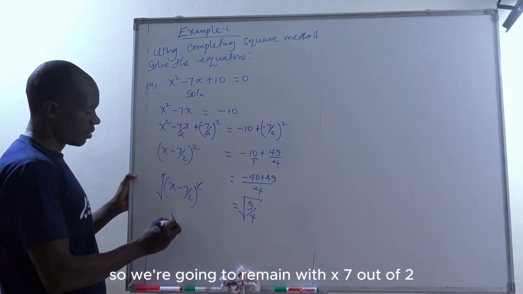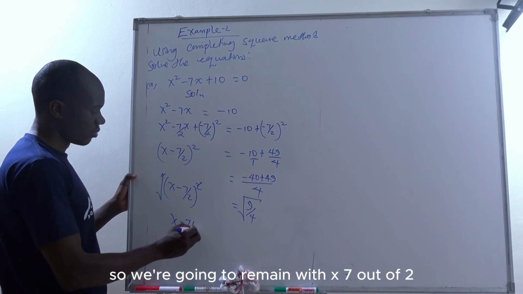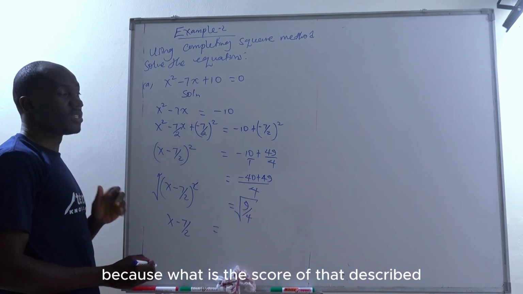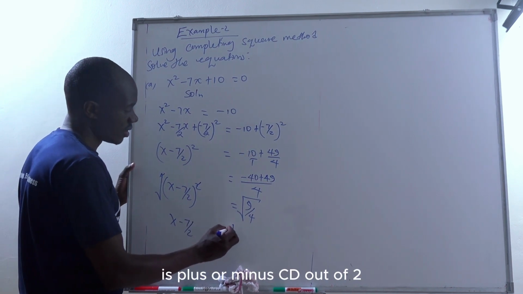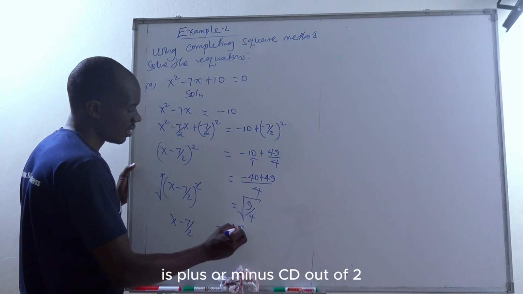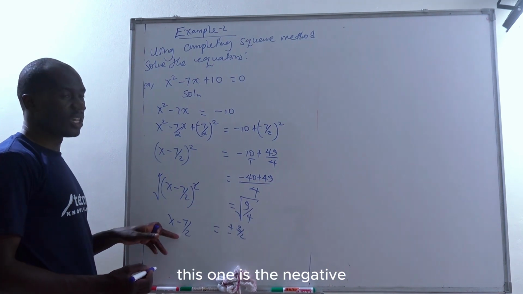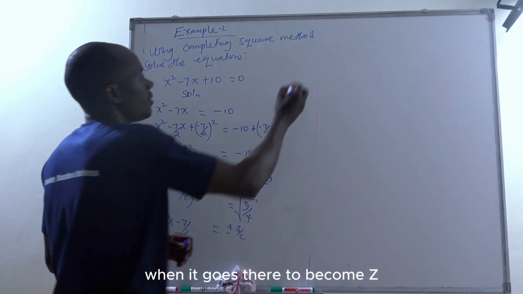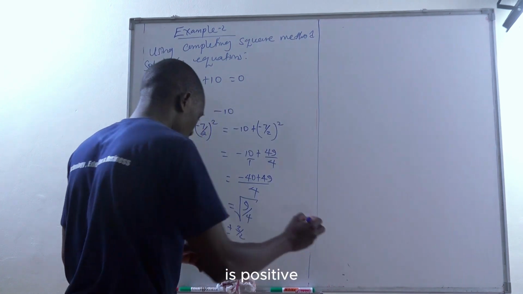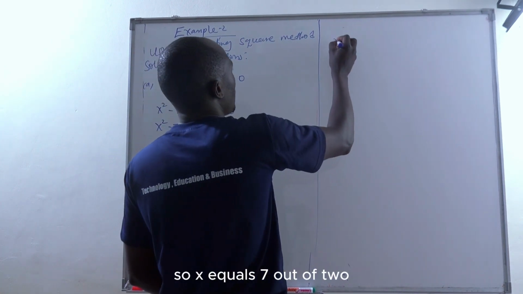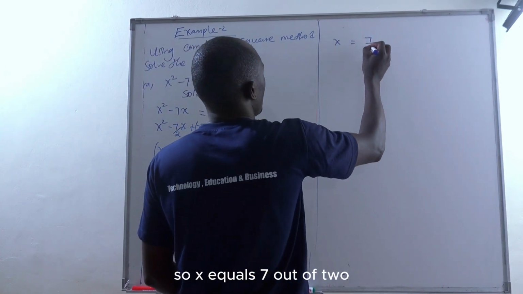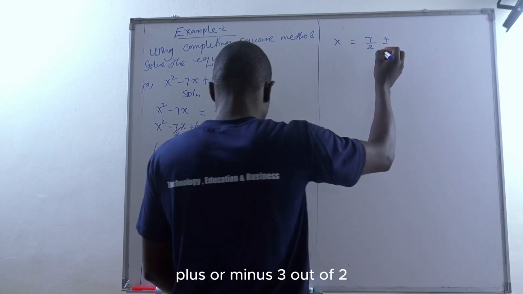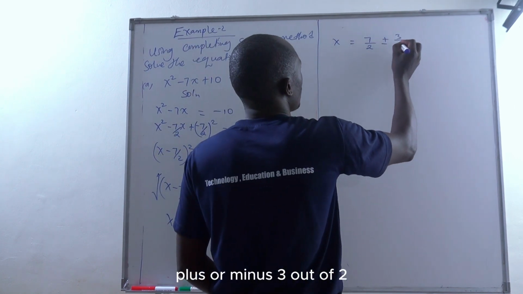So we are going to remain with x minus 7 out of 2 equals, what is the square root of that? The square root is plus or minus 3 out of 2. This one is a negative; when it goes there, it becomes a positive. So x equals 7 out of 2 plus or minus 3 out of 2.